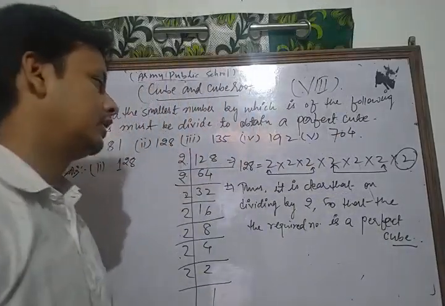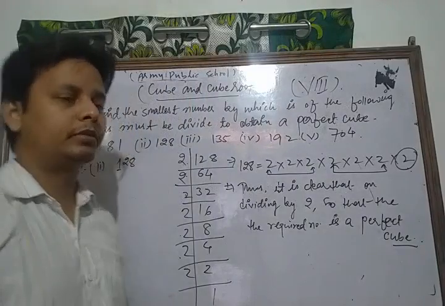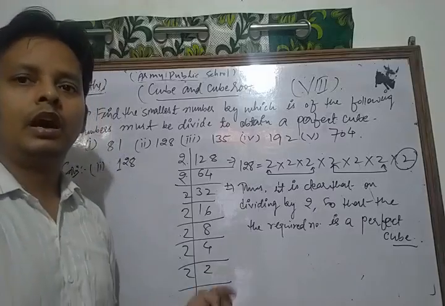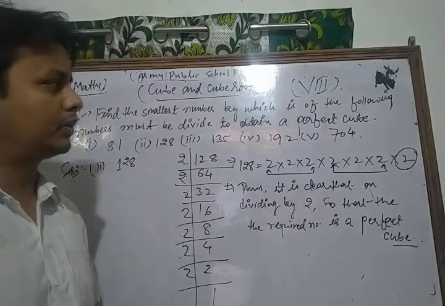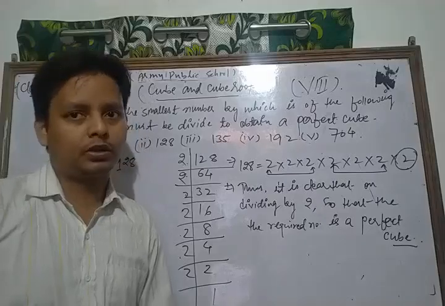Okay, listen. So these are the conditions for that question. So please do more and more practice of that type of question. After that, you can solve each and every part of that type of question. Now similarly, we take and solve the third and fourth part of that question. Let's see.